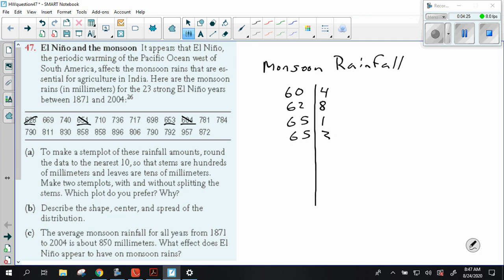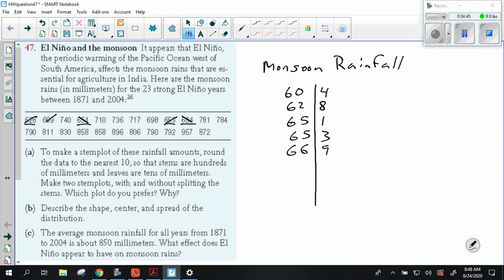The point of me doing this is that I want to show you that my stems can be more than one digit, but leaves always one digit. So this is one way that I could do this, 669, but it's not the most efficient way.